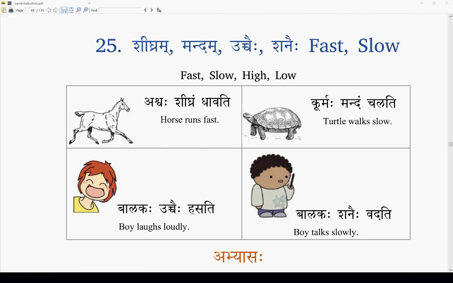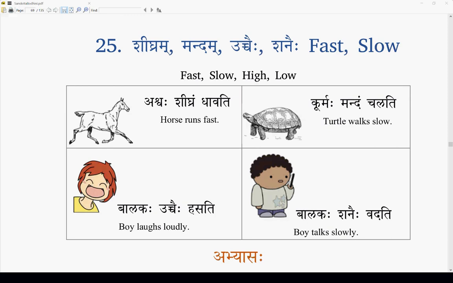For example, ashvaha. Ashvaha katham asti? Or balakaha. Balakaha katham asti? Balaka is a nama padam. So we can ask the question, how is balaka? Balakaha katham asti? The answer could be balakaha unnataha asti. Balaka is tall.